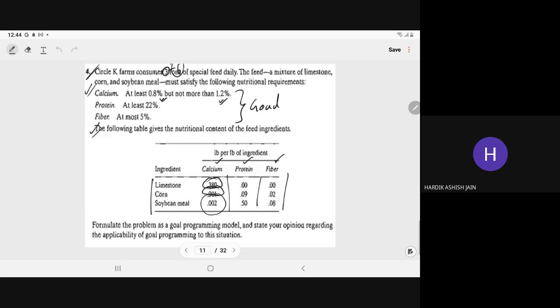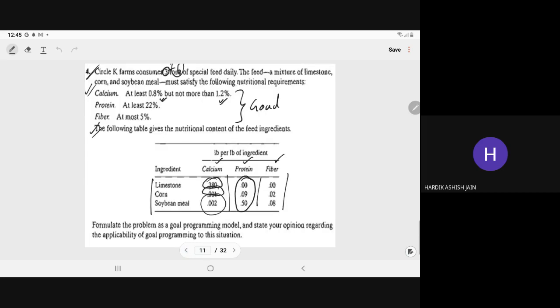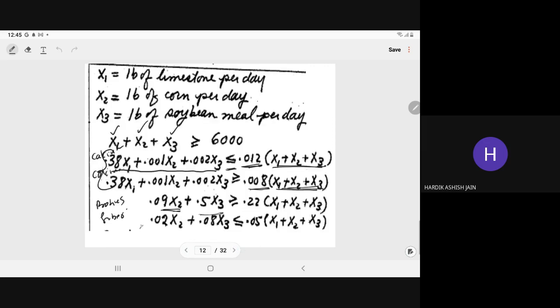Then the second goal is at least 22% protein, and you get the protein from the corn and the soybean only. From the corn it is 0.9 x2, from the soybean it is 0.5 x3, and that must be at least 22%, meaning greater than or equal to 0.22 of the total.